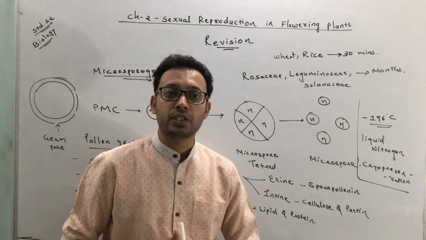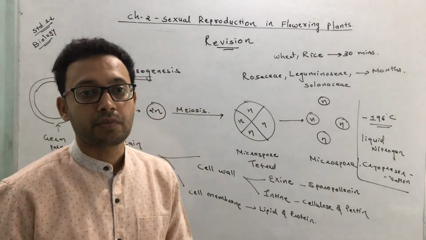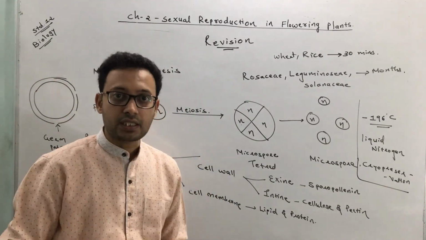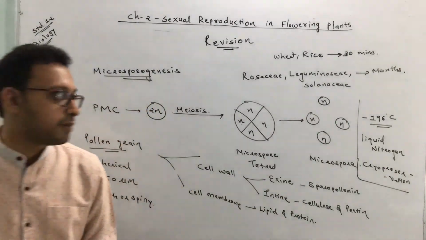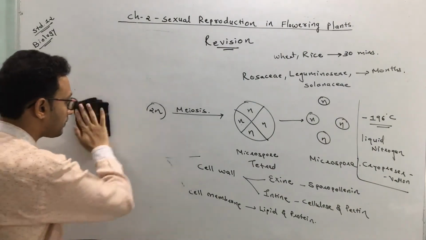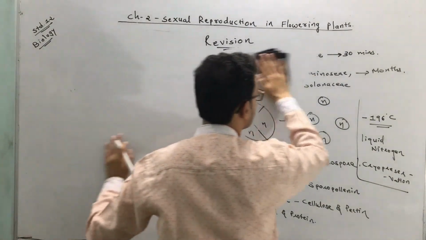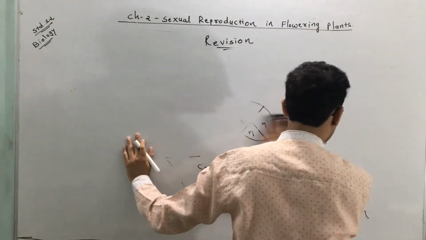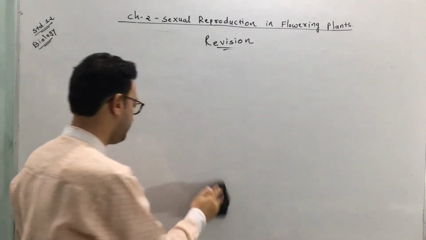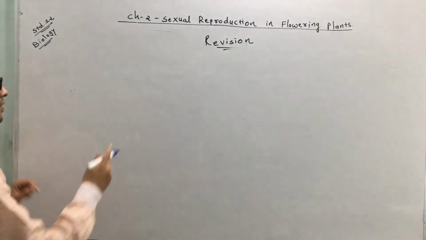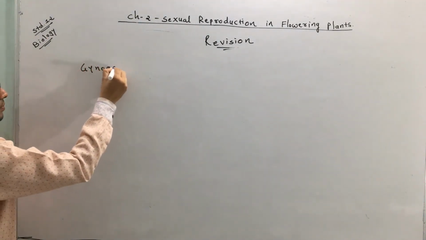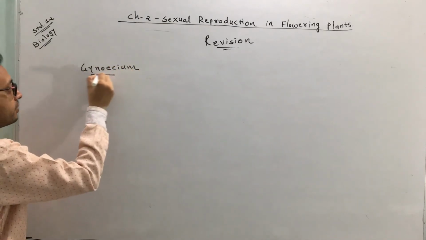The male reproductive part and the pre-fertilization process, that means gamete formation, have been finished. Now we will discuss the female part, the female reproductive whorl in a flower, which is the gynoecium.